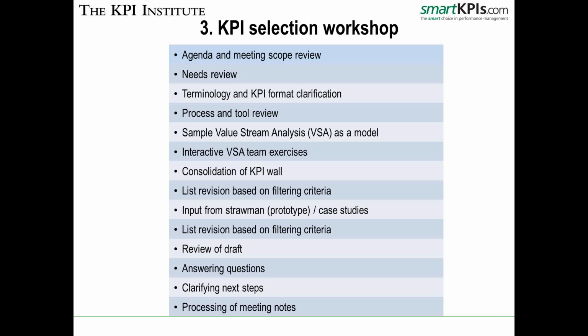And finally, towards the end of the workshop, a list revision of the preliminary KPIs can also take place. A review of the draft list as well as answering questions should conclude the workshop.